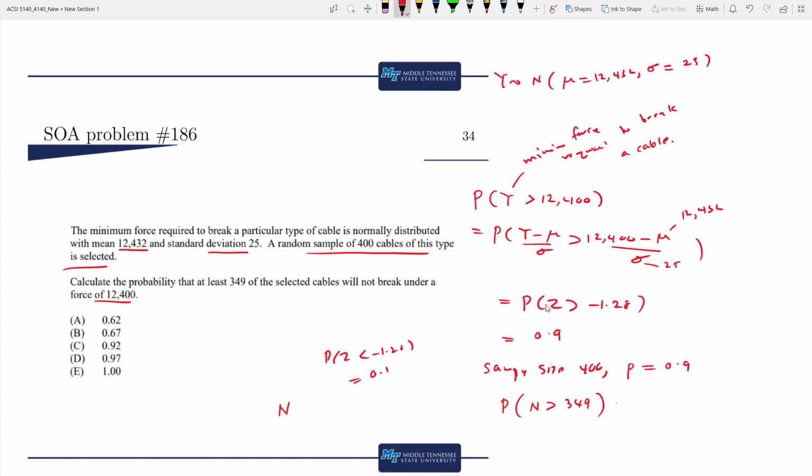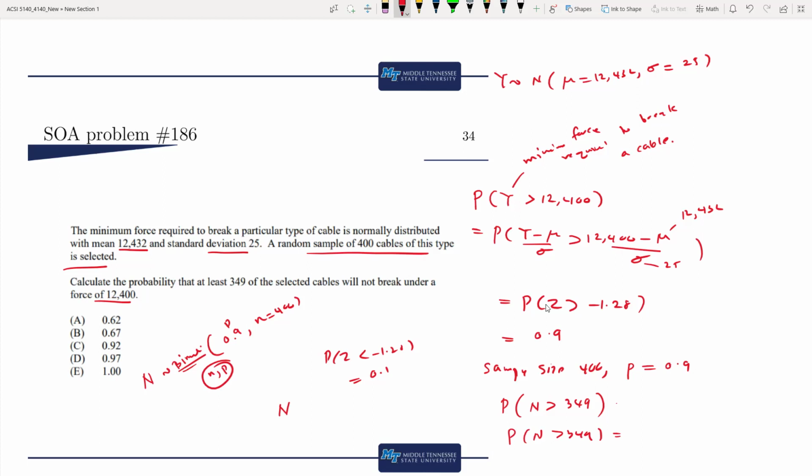So basically N is going to be binomial, because you have only two possibilities, either it breaks or not. The binomial has probability 0.9 for success, not breaking, and the number of trials n is 400. So we need two parameters for the binomial, n and p. So this implies the probability N more than 349.